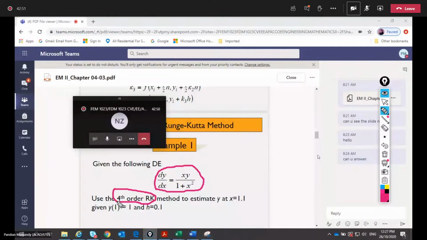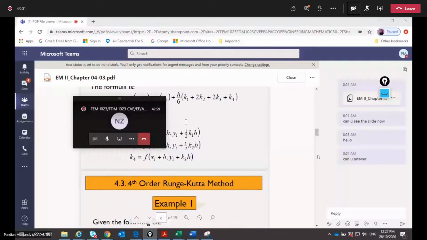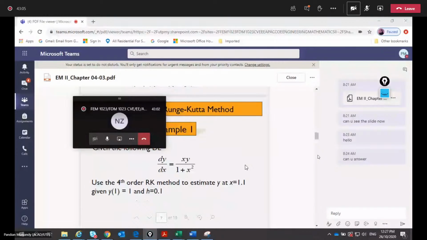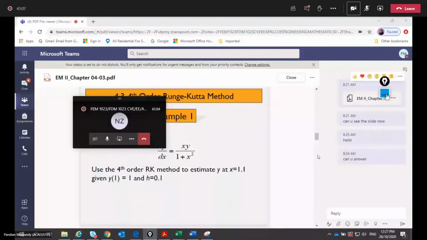The equation y(x_i+1) equals y(x_i) plus h over 6. You cannot change that. The h over 6 is already fixed. K1, K2, 2K3, K4. So what is important is this method, the RK method.